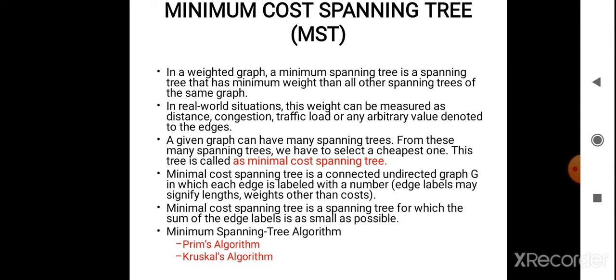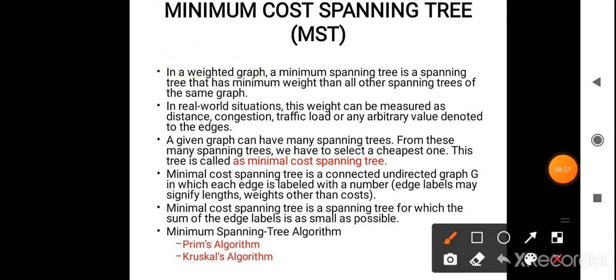Then what is a minimum cost spanning tree? In a weighted graph, a minimum spanning tree is the spanning tree that has minimum weight compared to all other spanning trees of the same graph. We already said that one graph has more than one spanning tree. Then which spanning tree has the minimum weight?